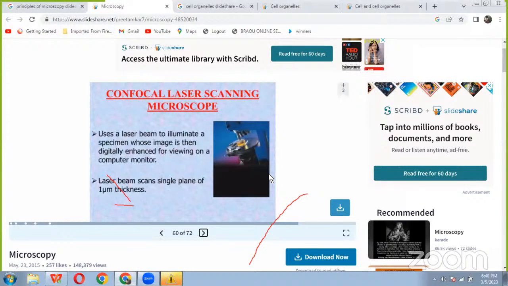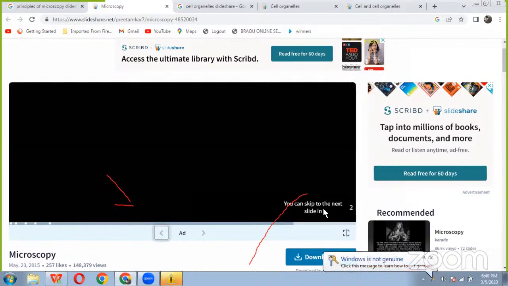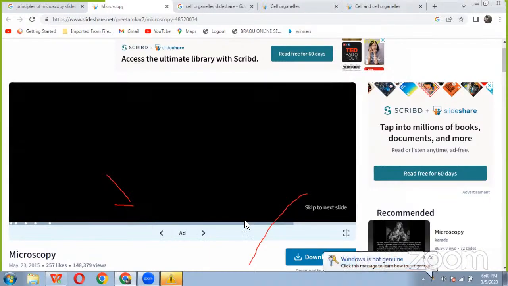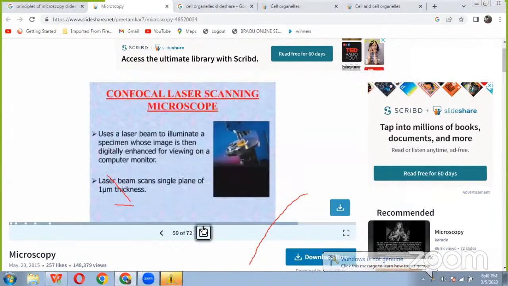What are the major uses of some of the other microscopes? These are the confocal laser scanning microscope. There are also specimens we can see in these.